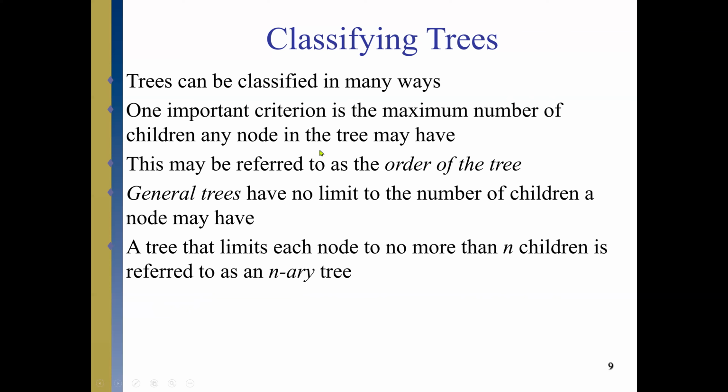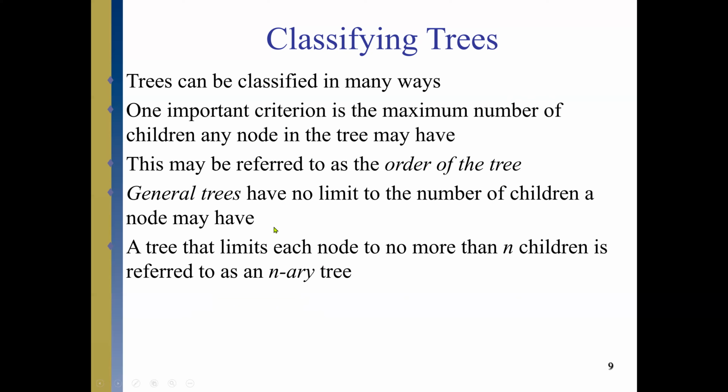But if it's 5 children, then we have to use 5 instance variables, one to represent each possible child, because the node can have up to 5. So one of the important criteria is the maximum number of children in a node in the tree. This may be referred to as the order of the tree.